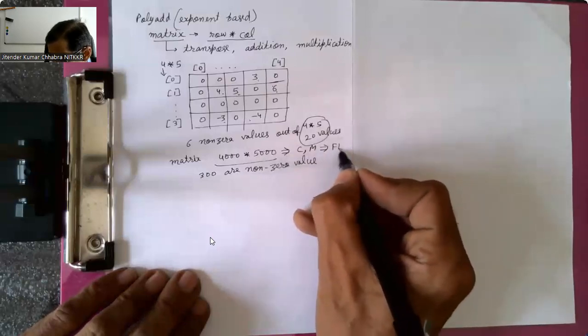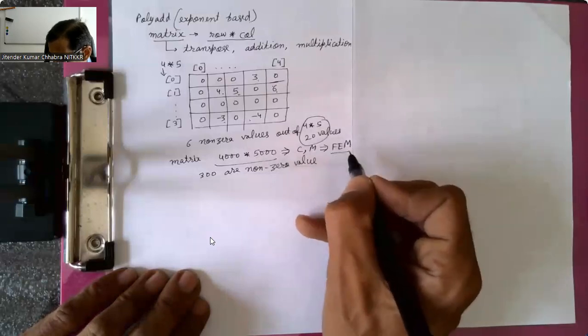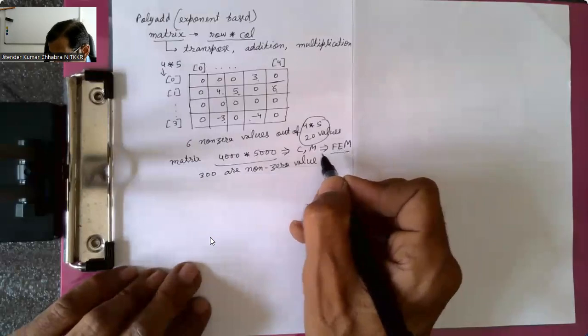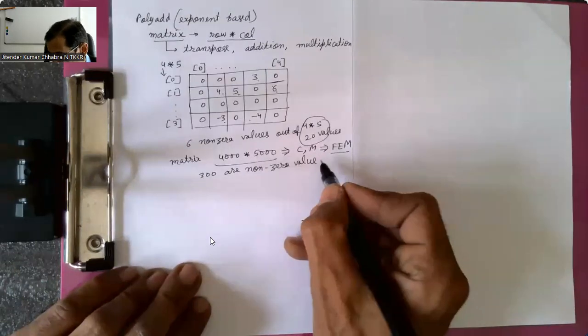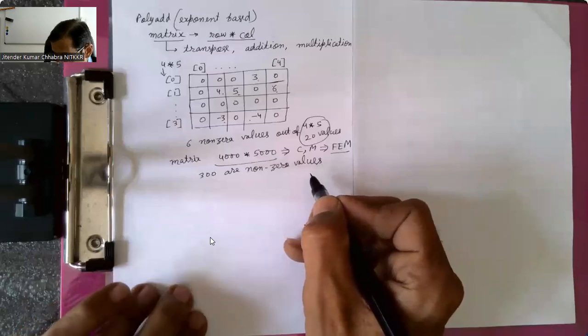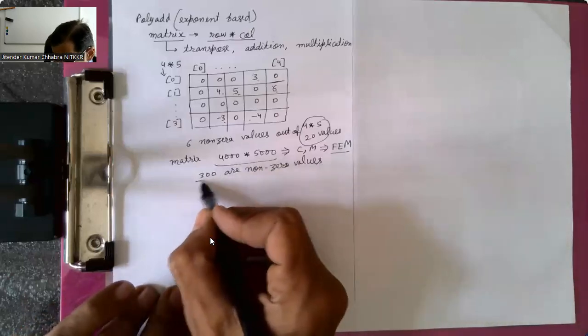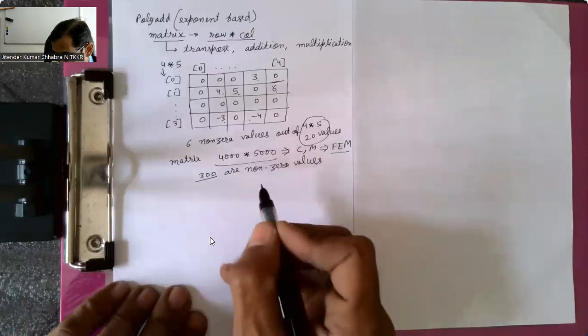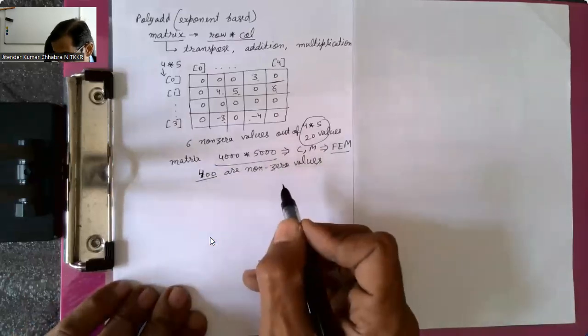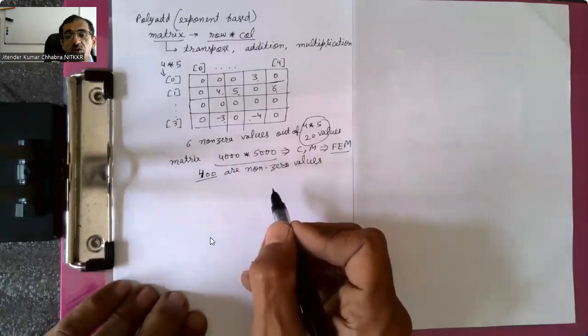People study the concept of FEM, finite element methods, and they operate on very big matrices, out of which many values are zero and a few values are non-zero. So if I have only 300, or maybe 400, non-zero values out of 4,000 into 5,000, most of the values are zero.